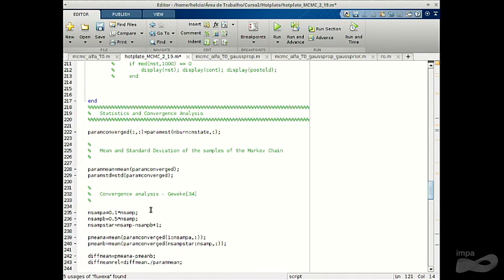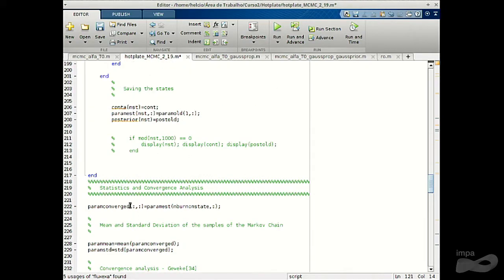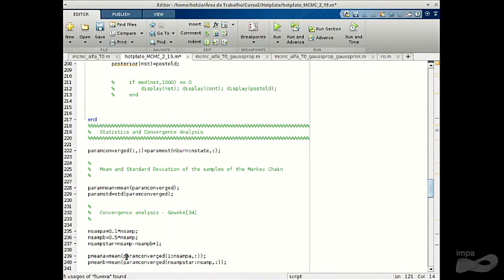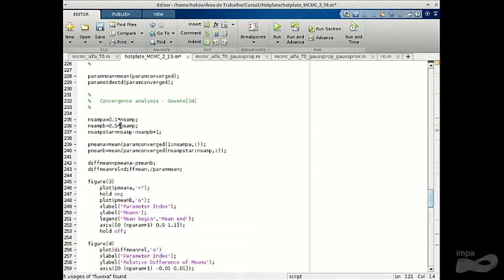So when I do the statistics here, from all parameters that were saved, I remove those that correspond to the burn-in states. And then I compute their mean and standard deviation. I compute the mean at the beginning of the Markov chain and at the end of the Markov chain to compare them, their difference.